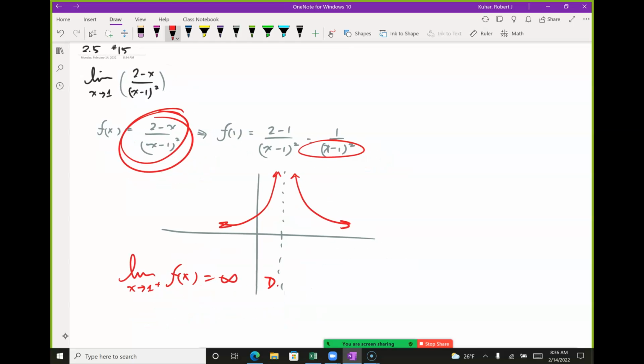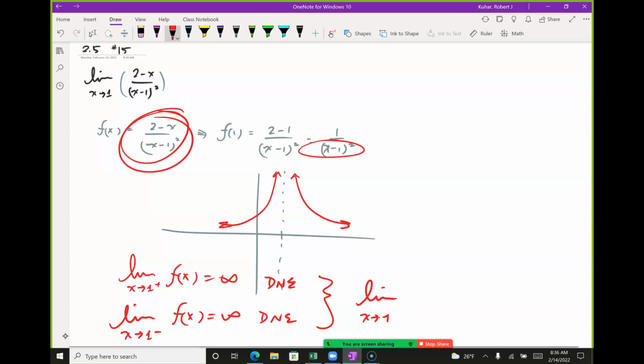So it does not exist. I have to look at the limit as x goes to 1 from the left. And I also get infinity. I can see that both sides are going up. So also does not exist. And from either of those, I could have said right away the limit as x goes to 1 of f of x does not exist, right?